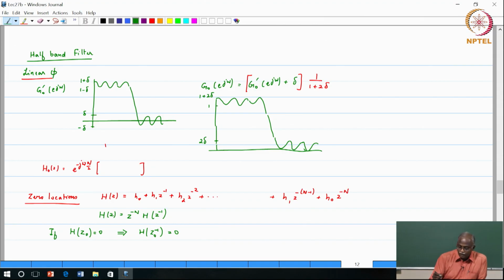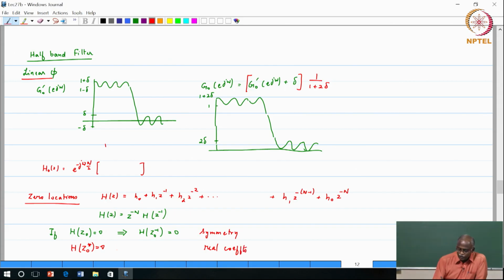Okay. This is because of the linear phase symmetry, because of the symmetry conditions. Now, from the polynomial having real coefficients, this also means that h of z naught conjugate must be equal to 0. There should be a conjugate 0, only then you will get real coefficients. So, that comes from the real coefficients part.